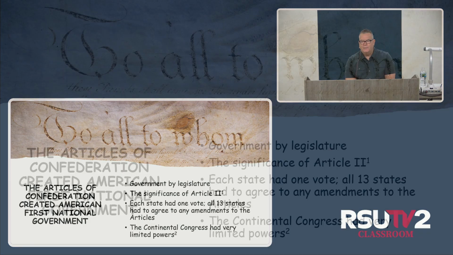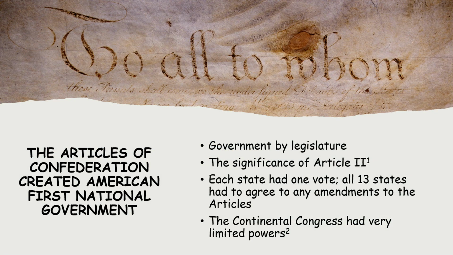So the first system of government that was created was the Articles of Confederation, and it emerged out of the Continental Congress. It was a government by legislature. Article 2 of the Articles of Confederation declared that each state retained its sovereignty, freedom, and independence. In other words, it remained a confederacy.